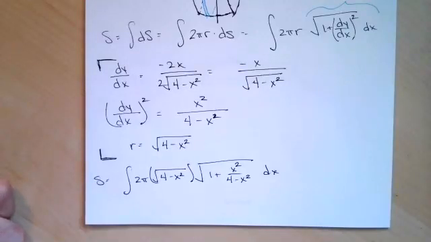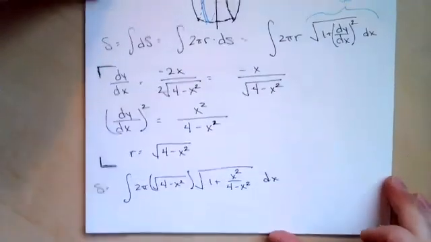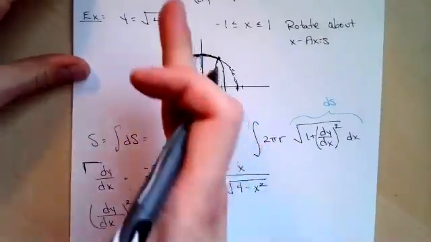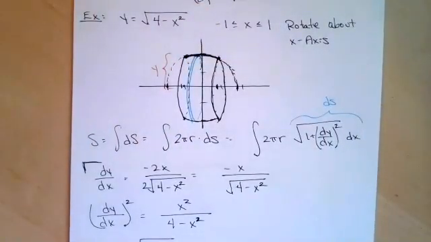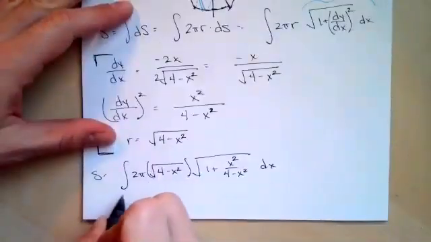And then where are the bounds of integration? So the bounds are wherever these slices lie. We are cutting up perpendicular to the x-axis. And so our x's range from -1 to 1.